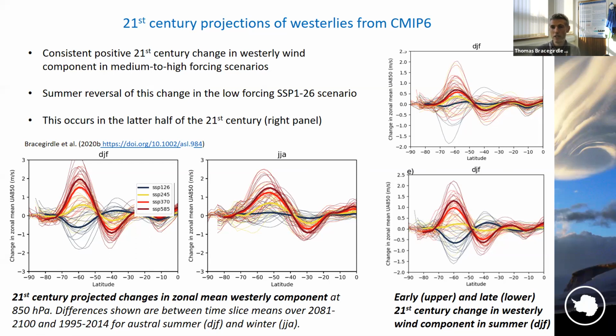So you have the competing effect of stratospheric ozone recovery and greenhouse gases offsetting each other, but later in the century, the recovery of stratospheric ozone tends to dominate. So you see this effect coming up more later in the century, in the summer.